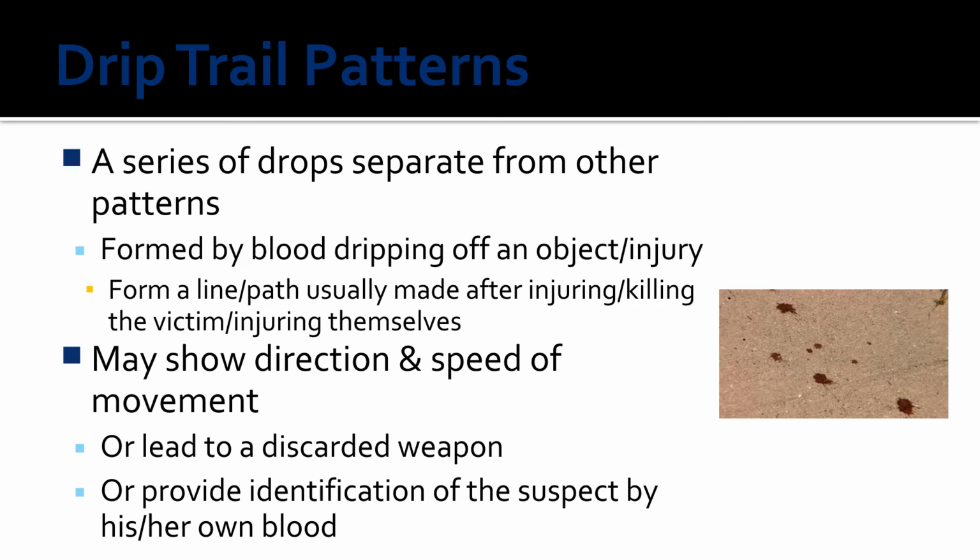They may show the direction and speed of the movement, or they may lead to a discarded weapon. They also provide identification of the subject by his or her own blood. Typically, a drip trail pattern occurs after stabbings, during which the suspect cuts him or herself as a result of the force necessary to stab the victim.